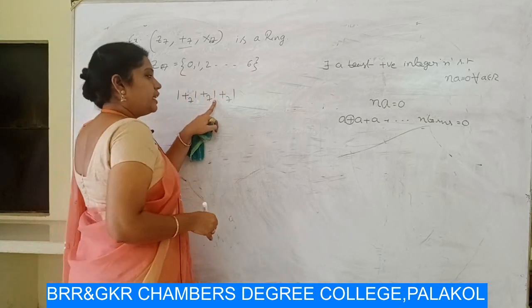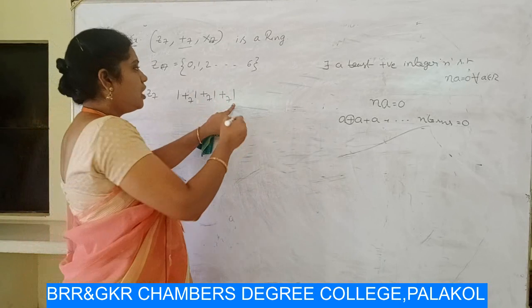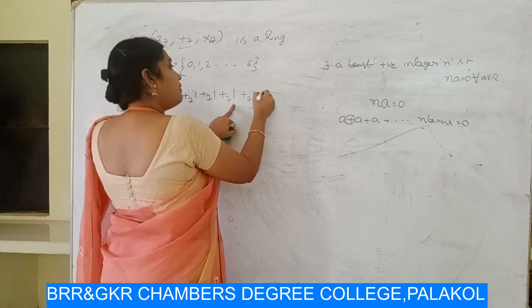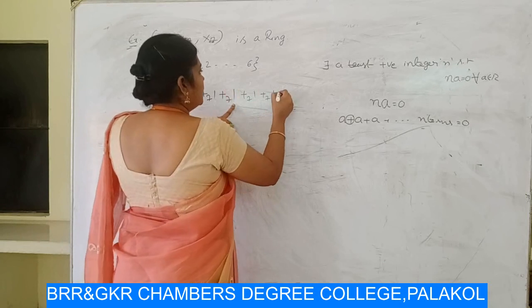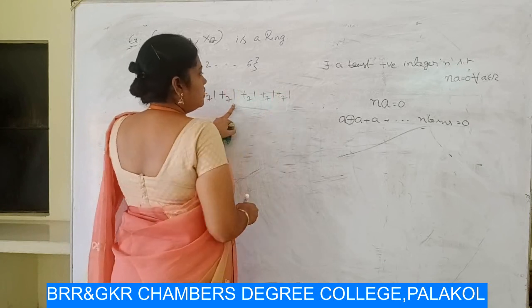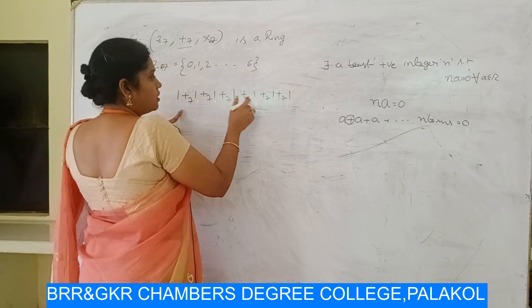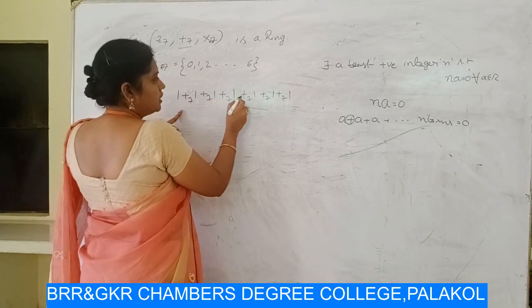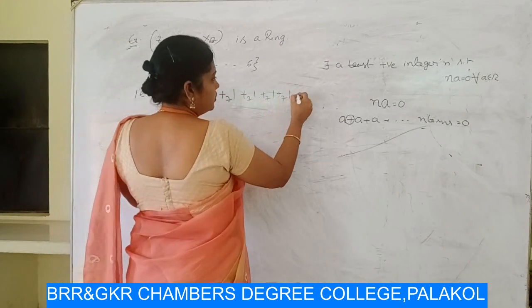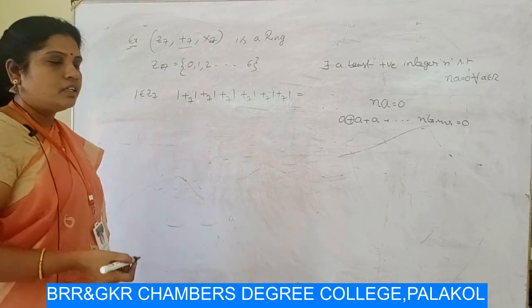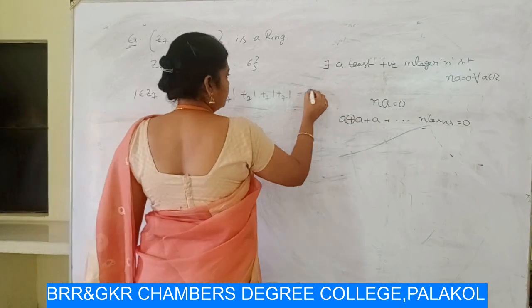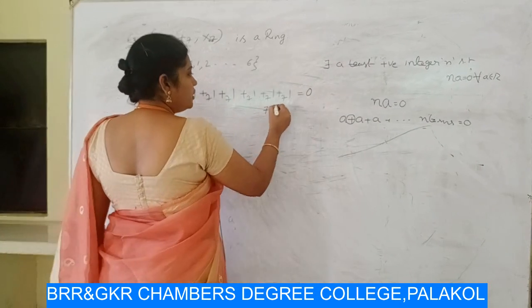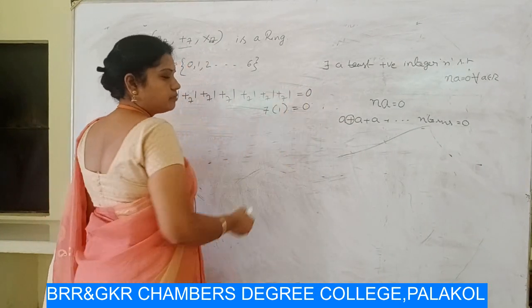Therefore we add again, 4, and so on, up to adding 7 times. We get 7, and 7 divided by 7 has remainder 0. So here 7 into 1 is equal to 0.